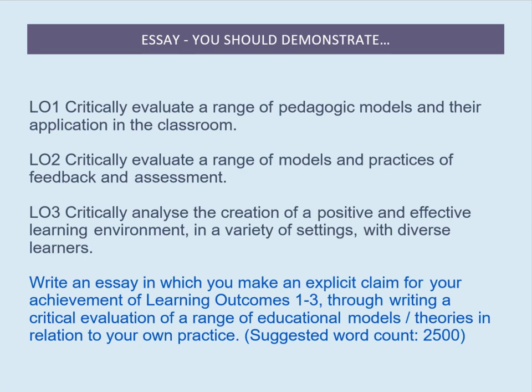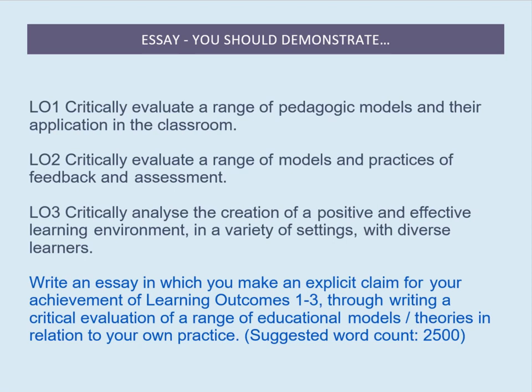Right? The way that we recommend you do this is by undertaking a critical evaluation, really just critiquing 2 to 3 educational models or theories that in some way map and touch upon the learning outcomes.